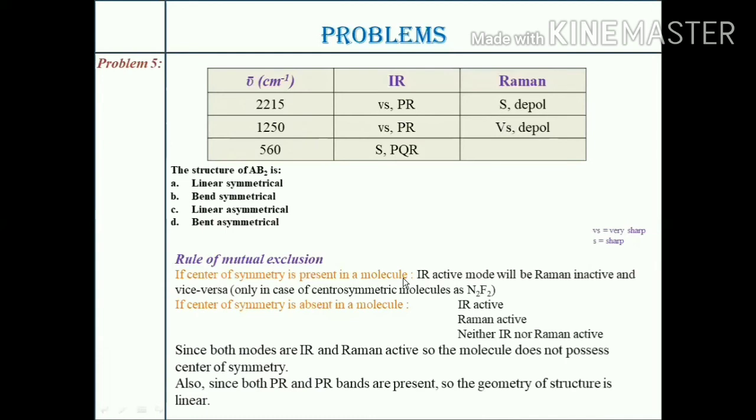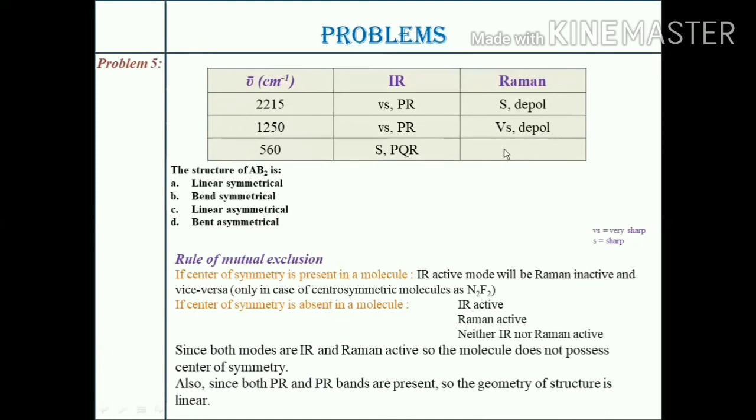So if the molecule is having a center of symmetry, then what happens? The IR active mode will be Raman inactive. That means, let's say at 560 centimeter inverse, we get an IR band, which is represented by a sharp band over here.